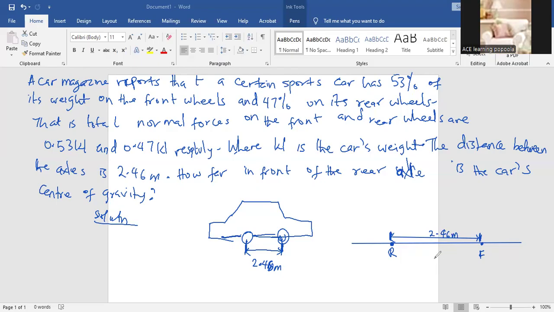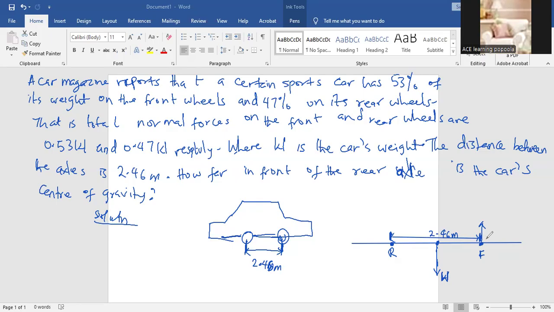And the weight of the car normally should act through the center of the car and should act downwards. So we represent that with W. The total weight of the car should act downwards. Now, at this point, there will be a normal reaction from the wheels.